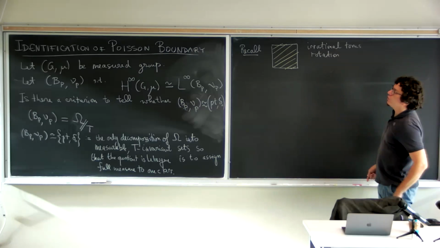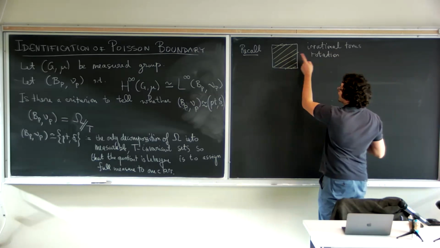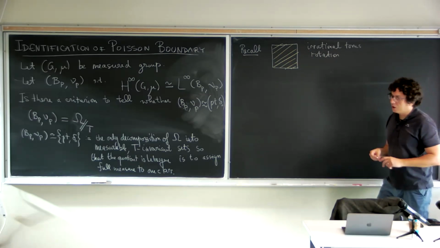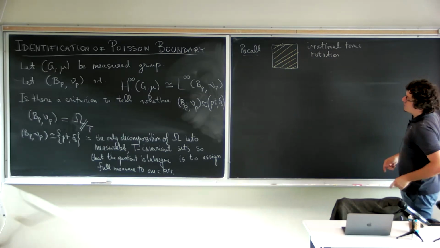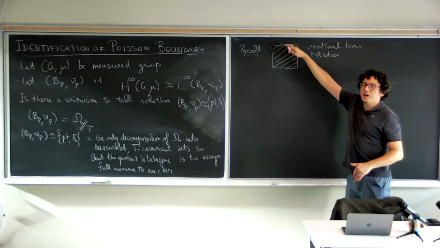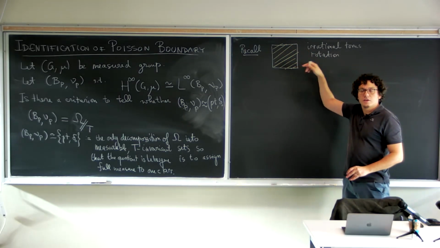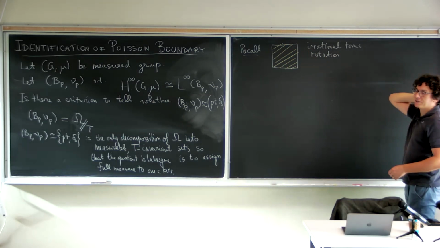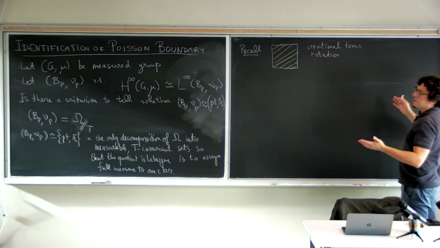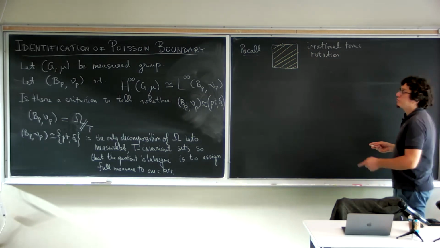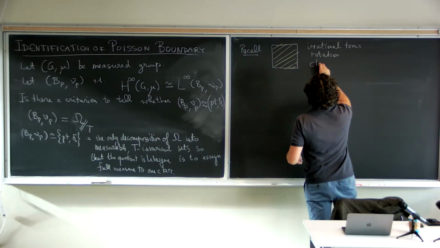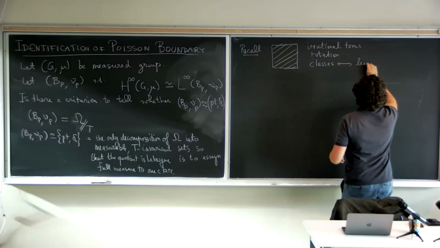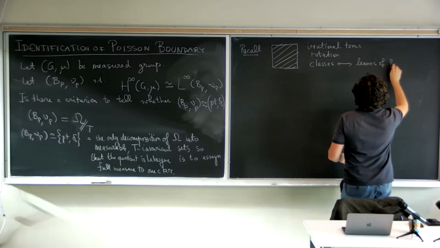But if you identify as an equivalence class each leaf of this foliation, then every equivalence class has to be a union of such things. But every invariant set, which is measurable and a union of classes, has full measure or zero measure. Right. So recall that here our classes are our leaves of the foliation.